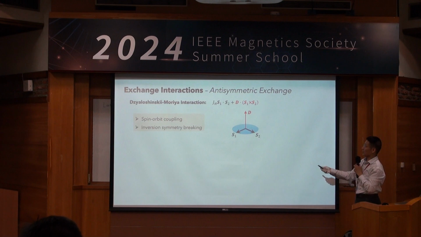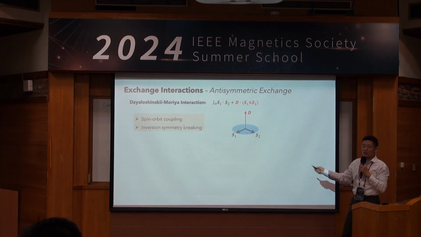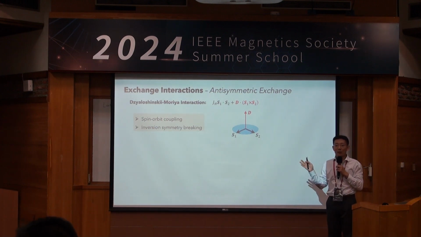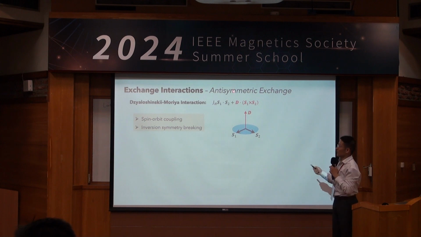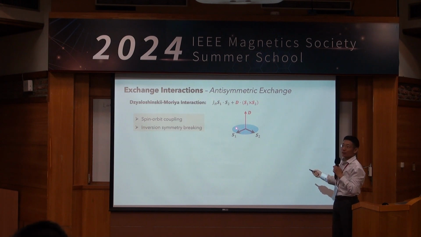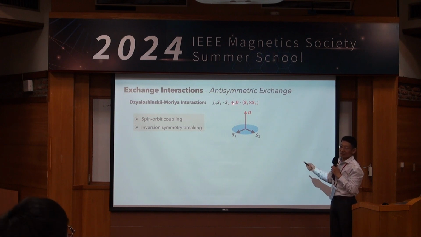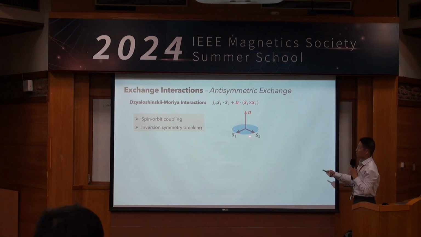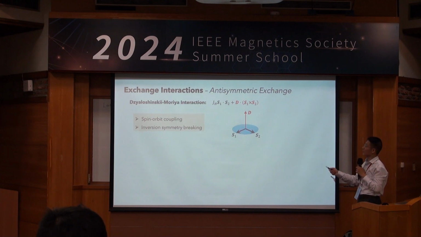For the Heisenberg, it only prefers either parallel or antiparallel alignment. While for the DMI, because of the cross product, it prefers a perpendicular alignment on a plane orthogonal to the DM vector D.